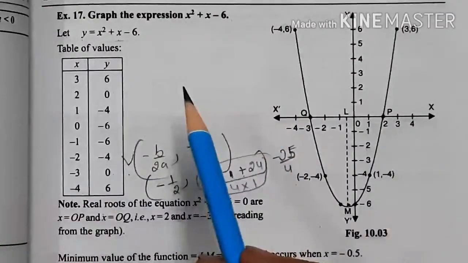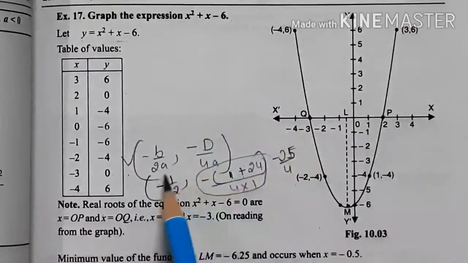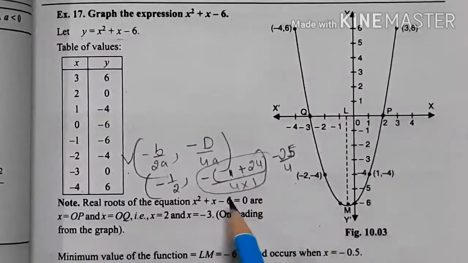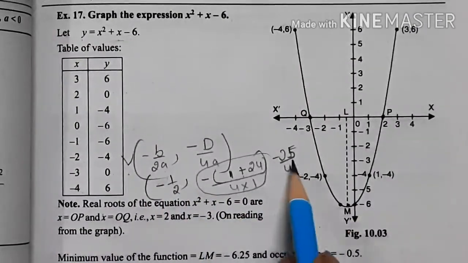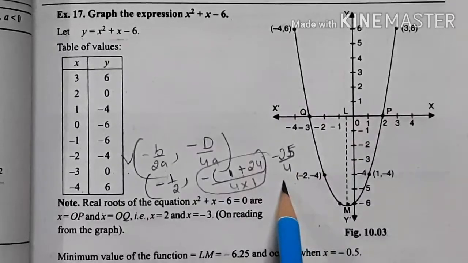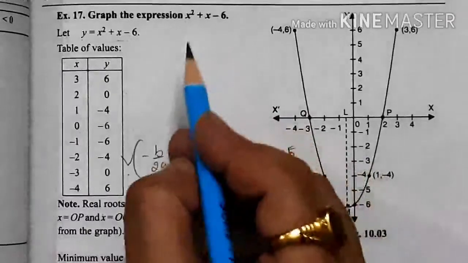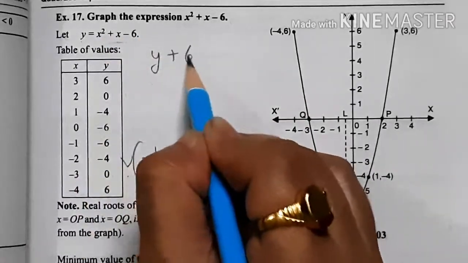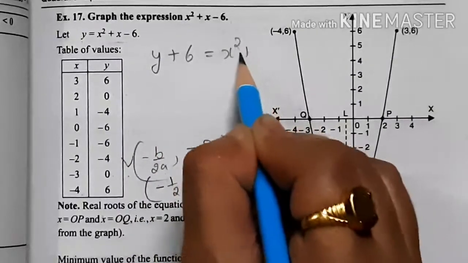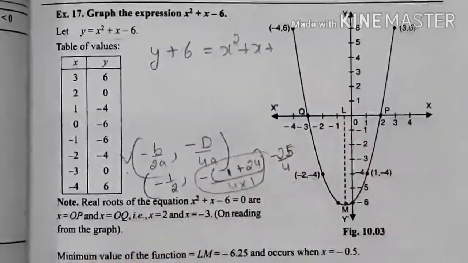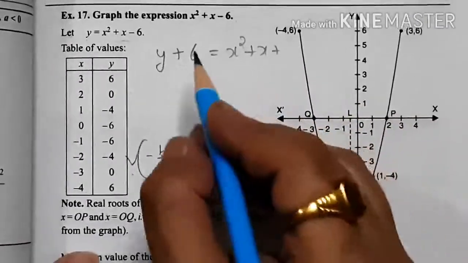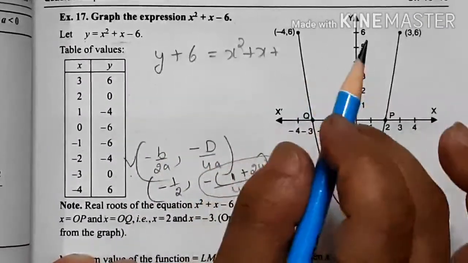The second method: you have two methods to find the vertex. Either go directly with the formula, which gives minus 25 by 4, or use the perfect square method. In this case you shift 6 to the other side, y plus 6 equals x square plus x, and add the missing term to make a perfect square.